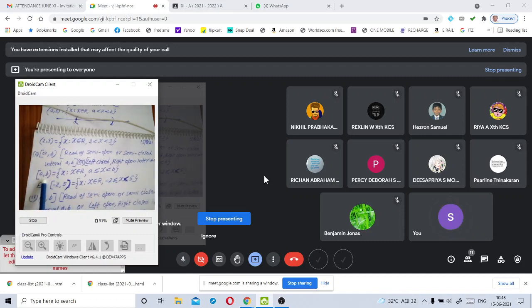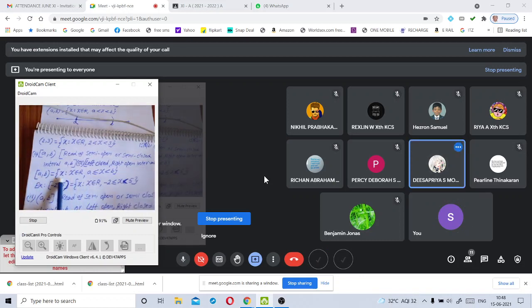Disha Priya, read this line. Left closed, right open interval A comma B is equal to the set of all x such that x belongs to R, comma, A is less than or equal to x less than B. Very good, my dear Disha Priya.